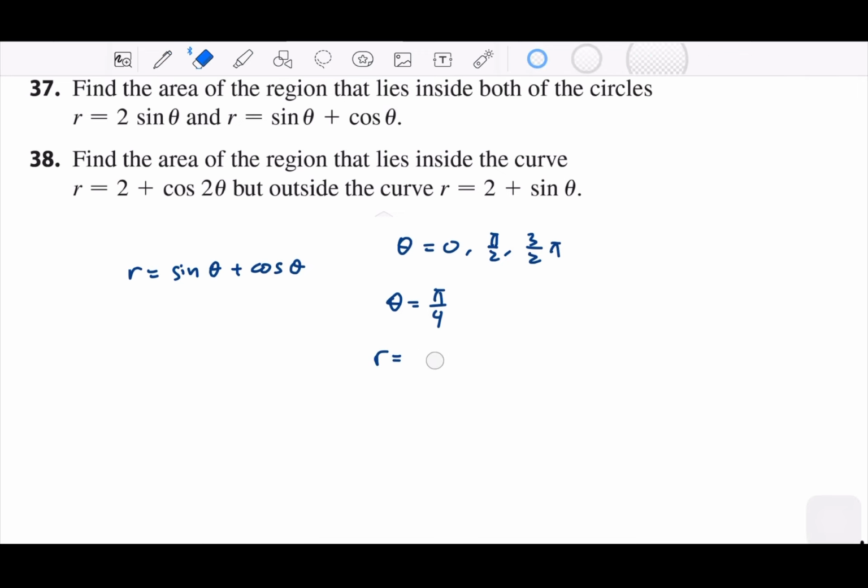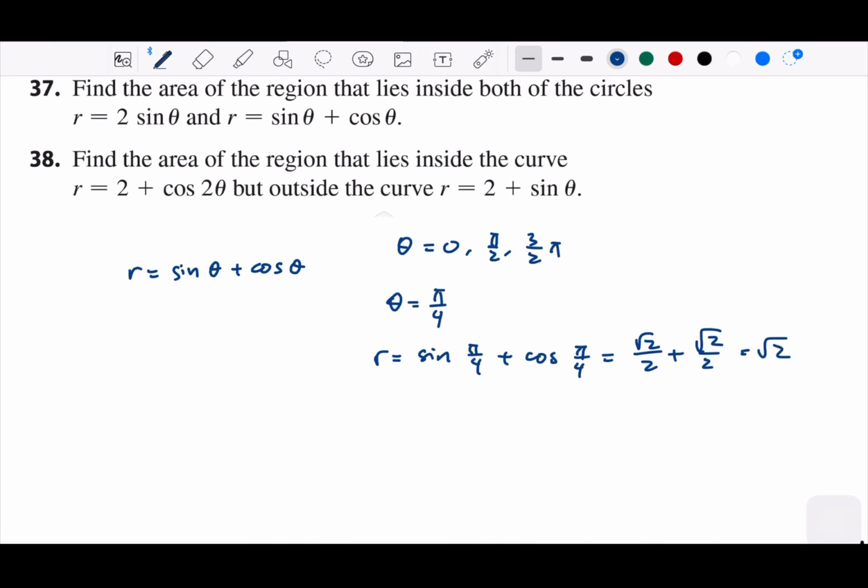Let me write here: sine pi over 4 plus cosine pi over 4, both are square root of 2 over 2, so we could just write square root of 2. Now, when cosine is 0, r is 1. And when theta is 0, sine is 0, so r is 0 plus 1, or just 1.